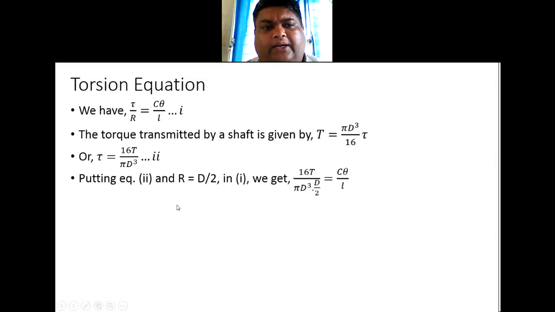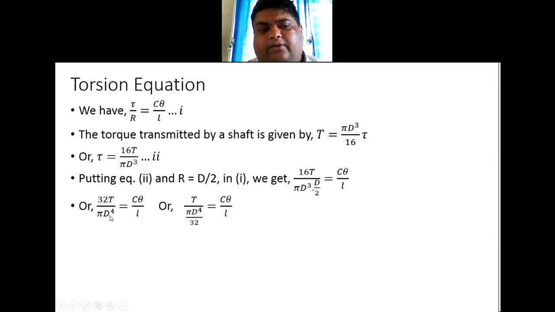So when I do that, we get 16T by pi d cube, and r is actually d by 2, right? So into d by 2. Now this 2 will go to the denominator and it gets simplified as 32T by pi d raised to 4.